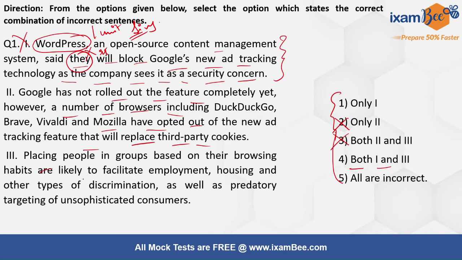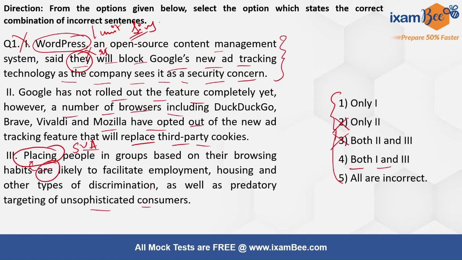Okay. So now moving on to the third sentence, it says placing people in groups based on their browsing habits are likely to facilitate employment, housing, and other types of discrimination, as well as predatory targeting of unsophisticated consumers, right? So here again the subject is what? The subject is placing. So according to the rule of subject verb agreement, your verb must agree with the subject.